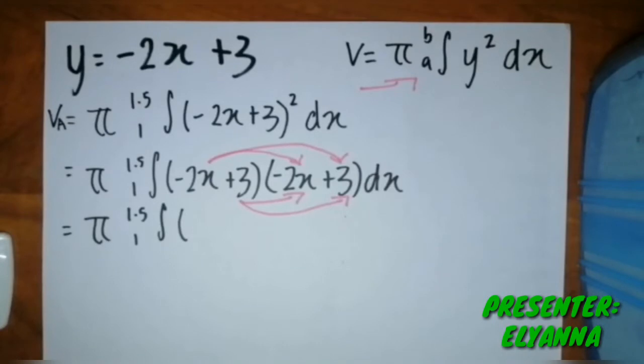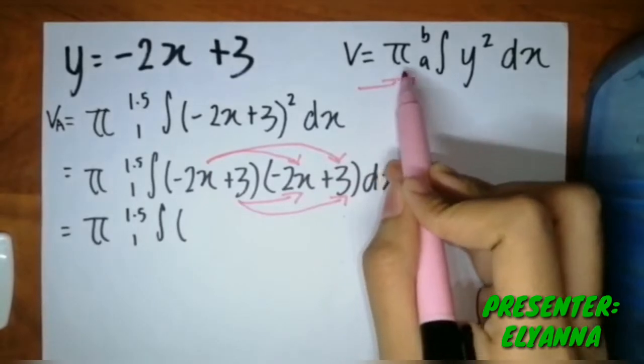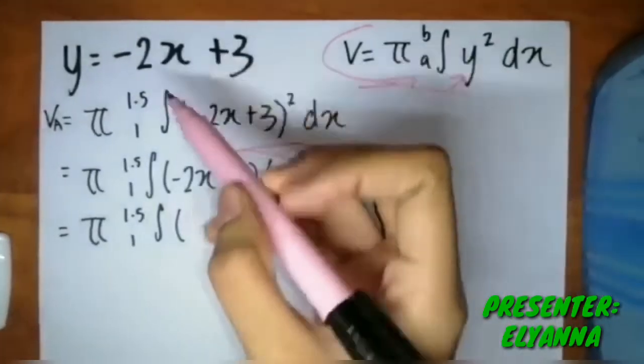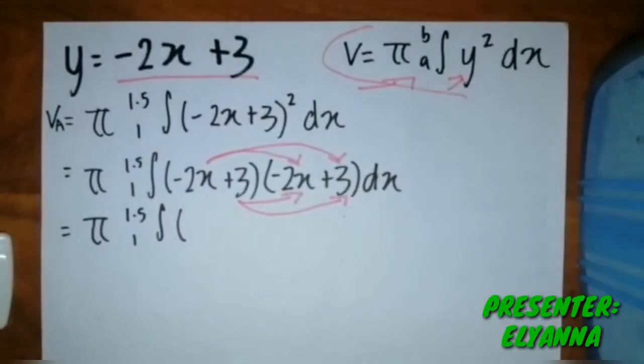Next, the y given is negative 2x plus 3. So if we want to integrate this equation, we must put this equation into this formula. V equal to pi, the limit given, integrate y the power of 2 dx. So the y is already given, which is negative 2x plus 3.